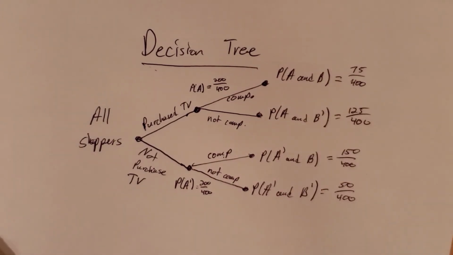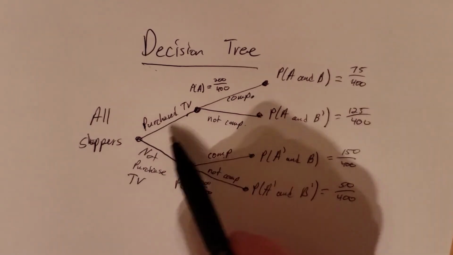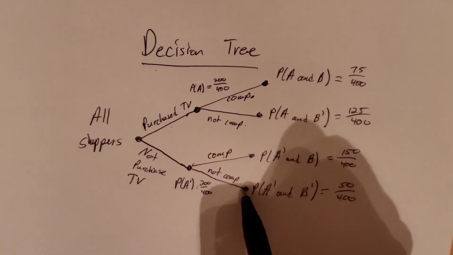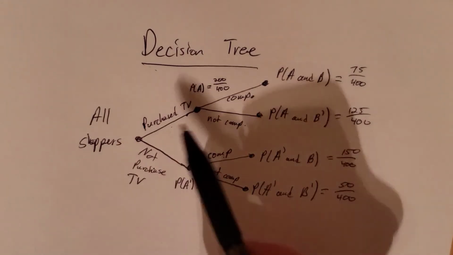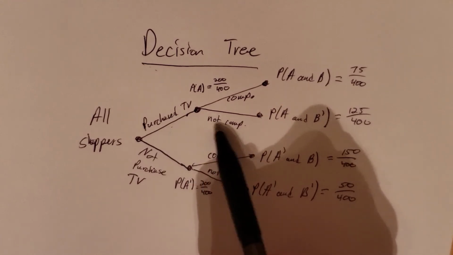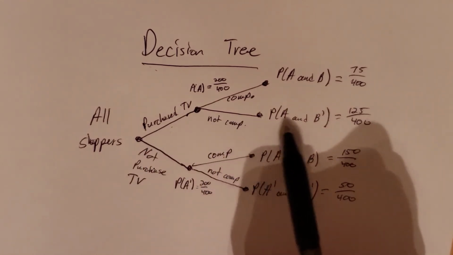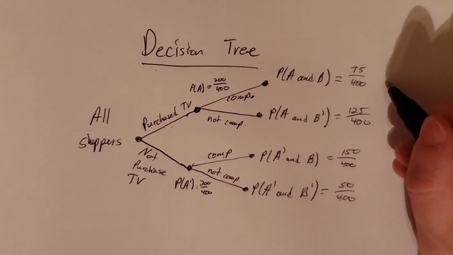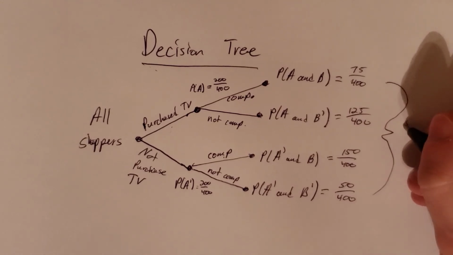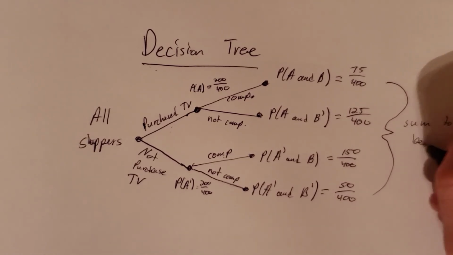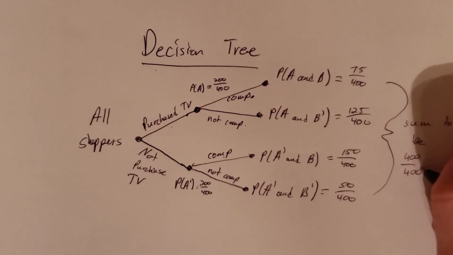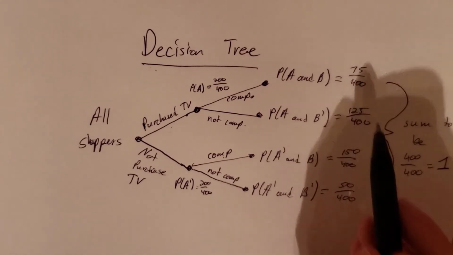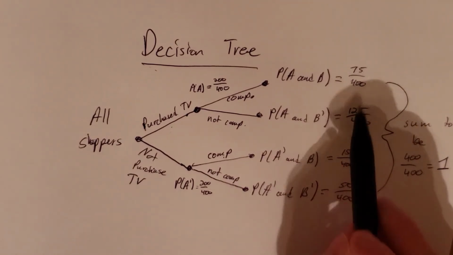And what this decision tree does is it just gives you a list of all possible outcomes at the end, and you can just read along the paths to tell you which outcome you are referencing. So again, if we want purchase a TV and not a computer, we just run along this path, and this will tell us what that probability is. Notice that, of course, all of these sum to 400 over 400, which is equal to 1. So we should get all of our probabilities summing to 1 over here.